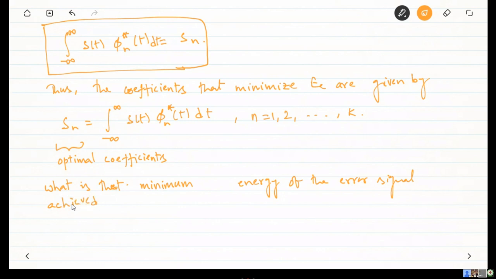We are saying the energy in the error signal will get minimized, but will it go to zero? What is that minimum? Is it 1? Is it 2? Does it always go to 0, or what is it? So let's find out. What is that minimum energy of the error signal achieved by these optimal coefficients?